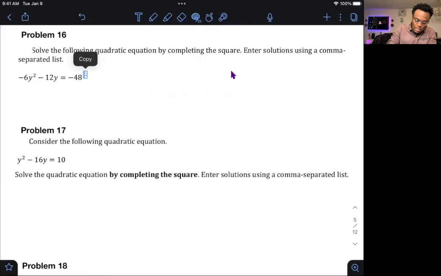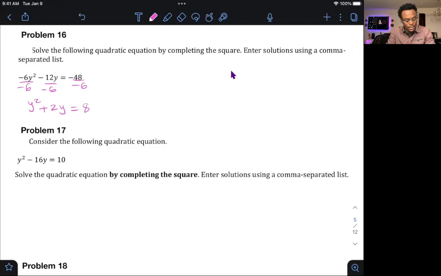Since the constant is already on the other side of the equation, now all I want to do is divide everything by -6, which is the coefficient of y squared. So that is y squared plus 2y equals 8.